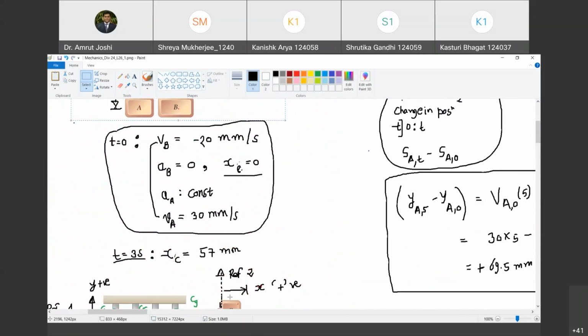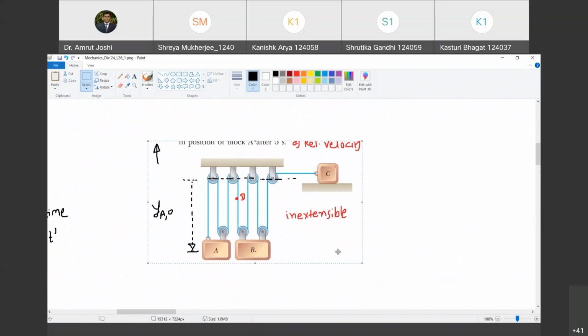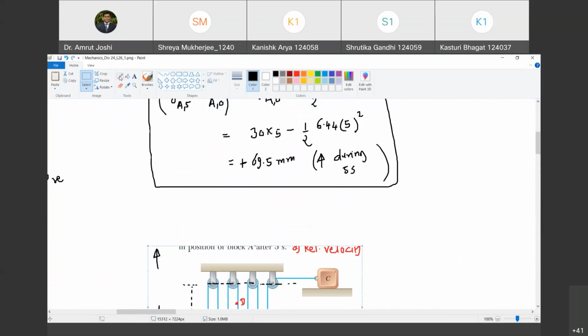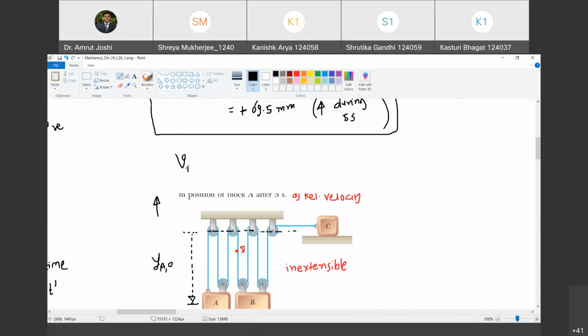So we are going to now solve the last part where we have to find out, what do we have to find out? Velocity of D with reference to A at t equal to 5 seconds. Happy? Yes, sir. Great.